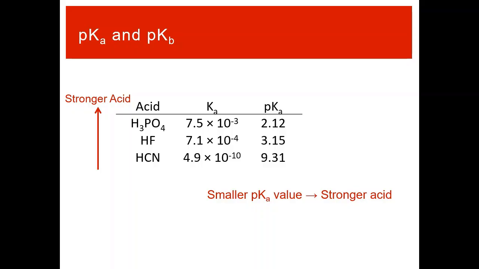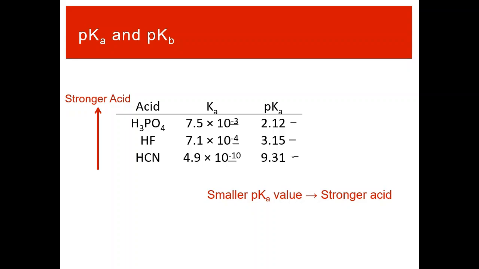The real value of pKas and pKbs is that, when we were comparing these acids before, we had to look at the exponents and find the least negative exponent for strength, which can be counterintuitive or trip you up. But if we just take the pKas, 2 is less than 3 is less than 9, so H3PO4 is the strongest of these acids.